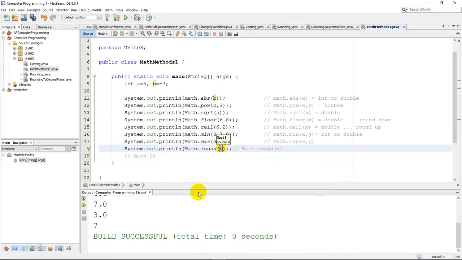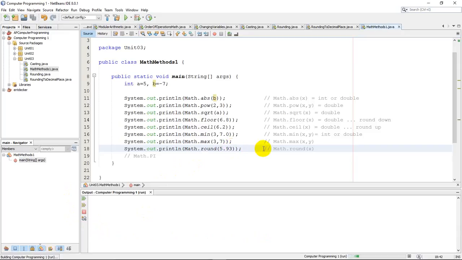If I give it 5.33 and ask it to round it for me, I'll run this and it's going to give me a flat 5, just an integer of 5. And we'll change this to a number that rounds up just to verify, 5.93. We'll run this, and that gives me the 6.